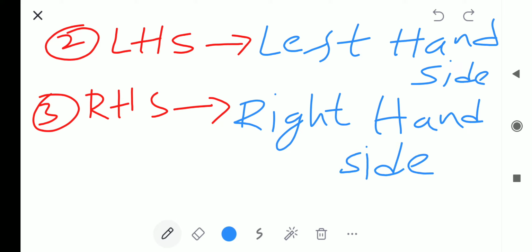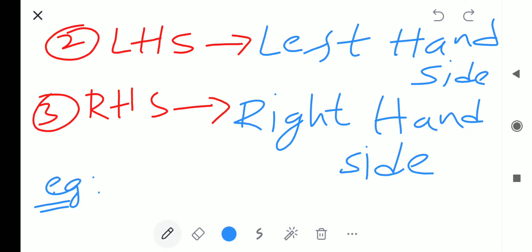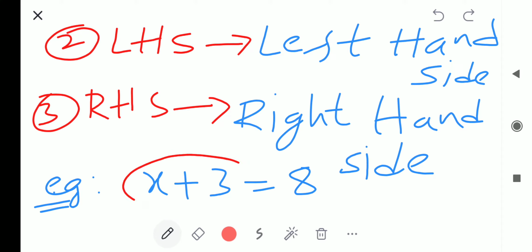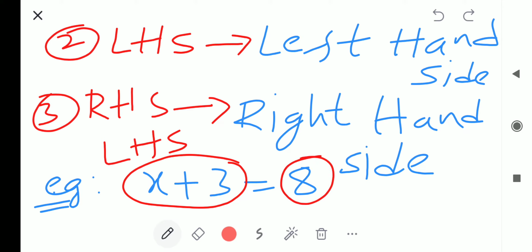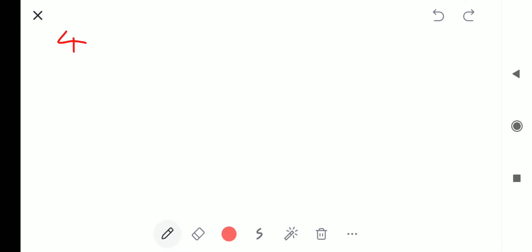For every equation we will have both LHS and RHS. For example, if I write an equation x plus 3 is equal to 8, in this x plus 3 is called LHS, 8 is called RHS. I hope you understood.